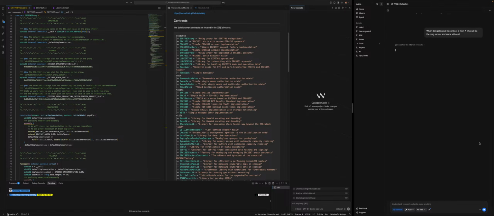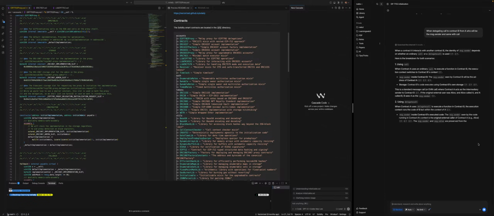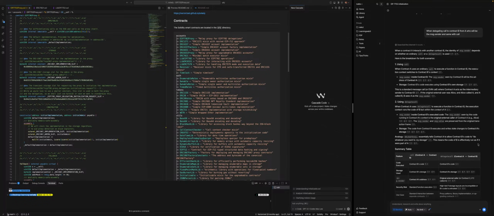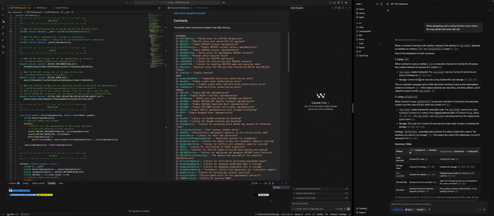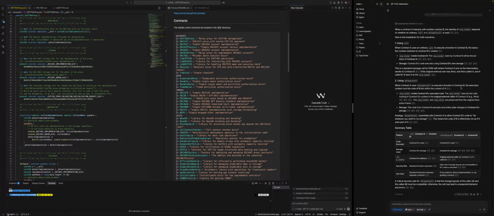I think my best guess is that delegate call will keep the message sender, while call will not. Oh, okay. The message sender.